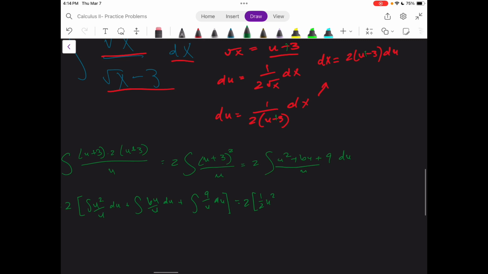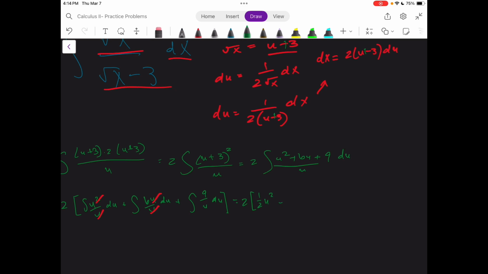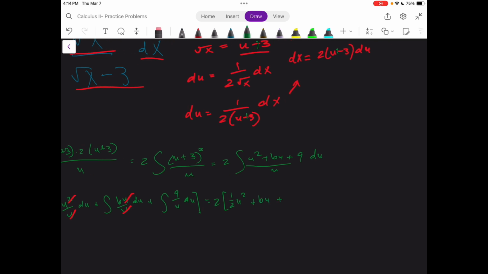The integral of 6u over u is just the integral of 6, which is 6u. Finally, the integral of 9 over u is that natural log, 9 ln, the absolute value of u. Right, and then we have a plus c.